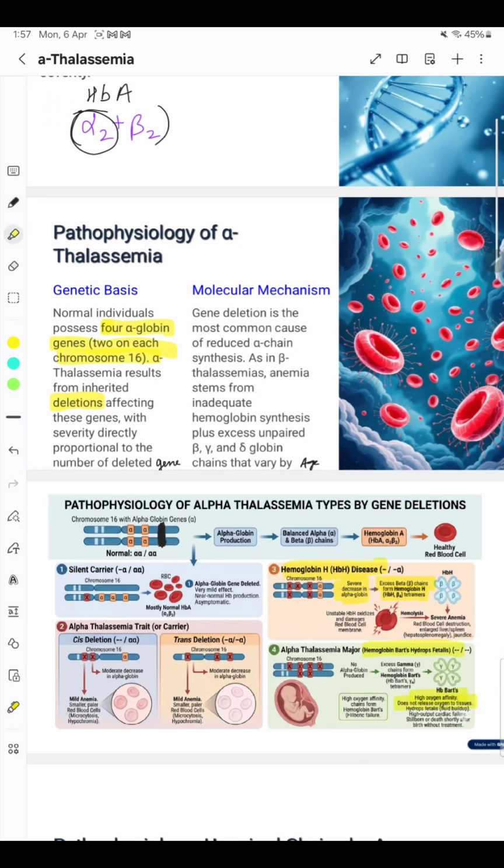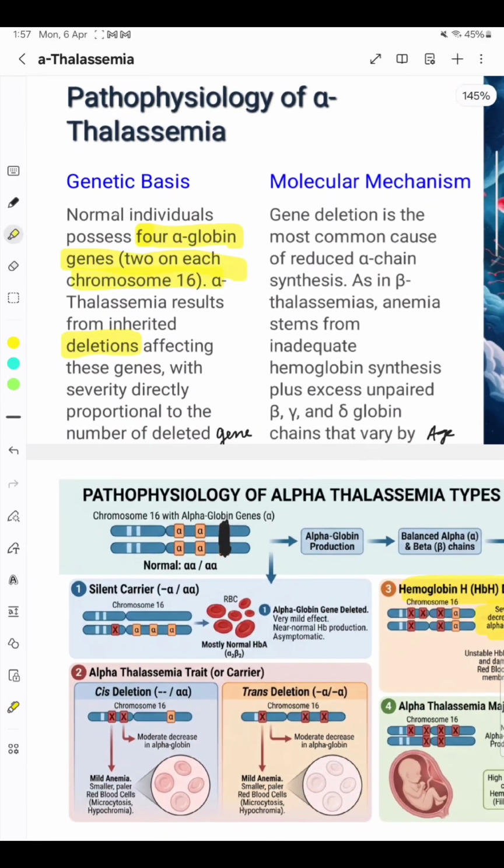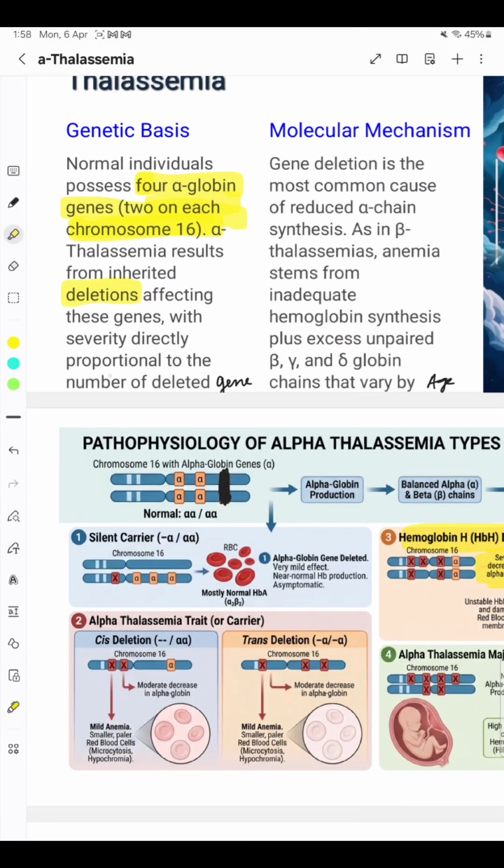So what is the pathophysiology behind alpha thalassemia? The normal individual possesses 4 alpha globin genes, 2 on each chromosome 16. Alpha thalassemia results from inherited deletions affecting these genes, with severity directly proportional to the number of deleted genes.